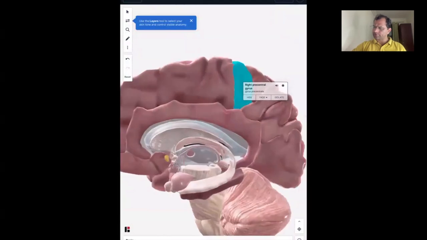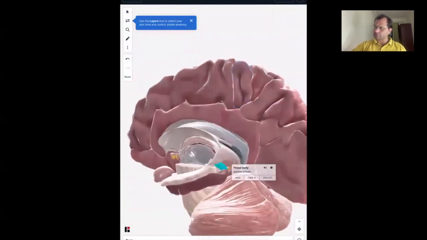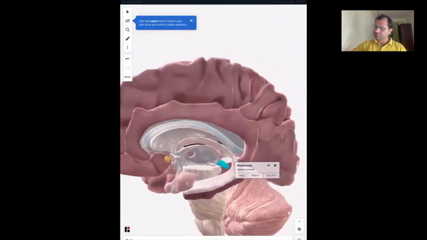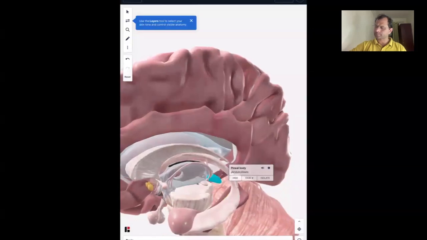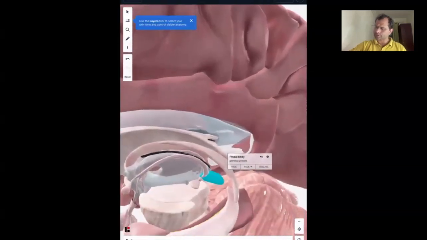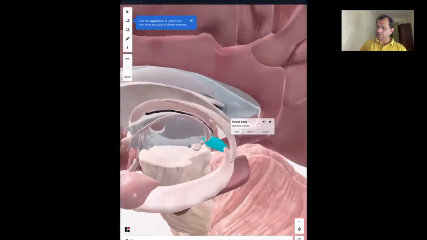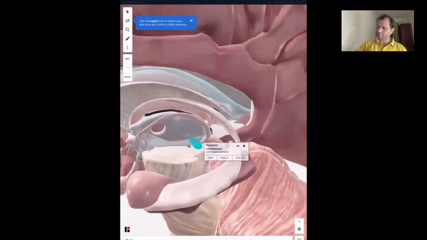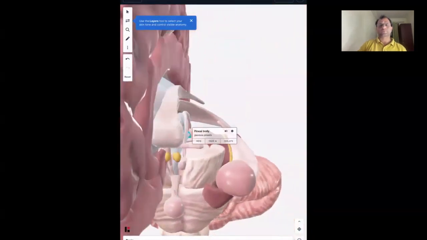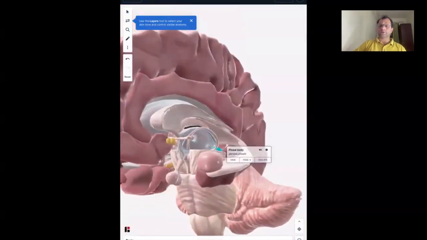After the forebrain, at the junction, we can see a very, very small gland, that is the pineal gland. The pineal gland secretes the melatonin hormone. This is the pineal, and this is coming in the midbrain.